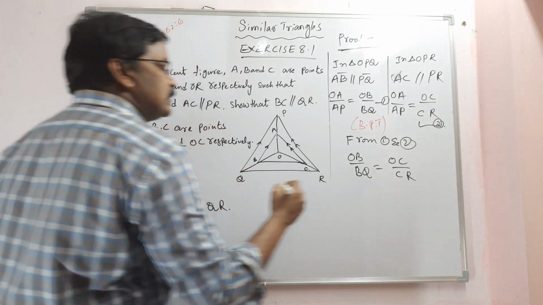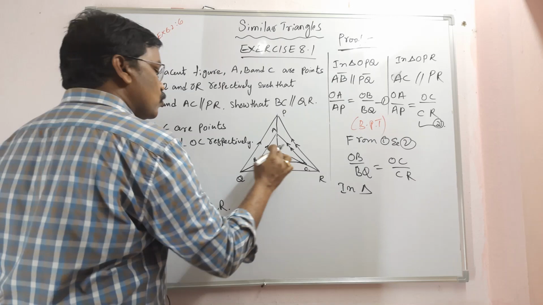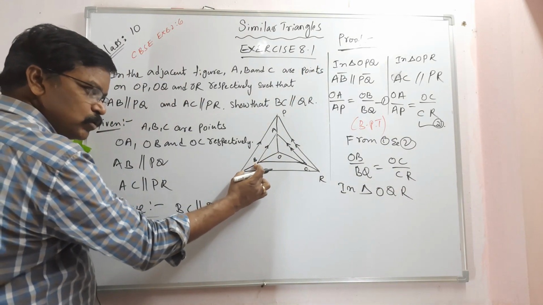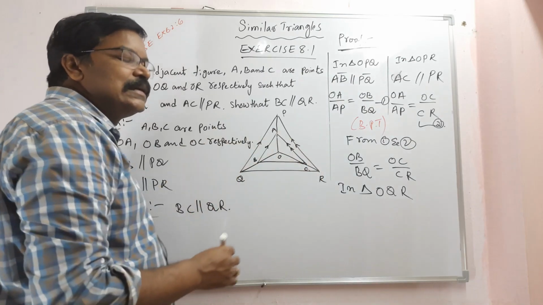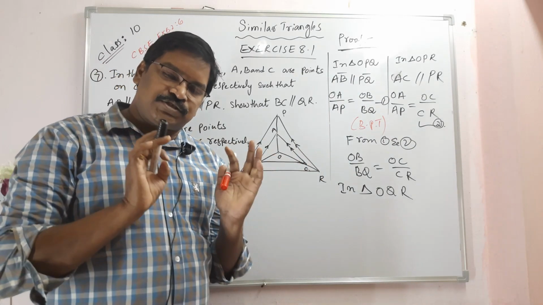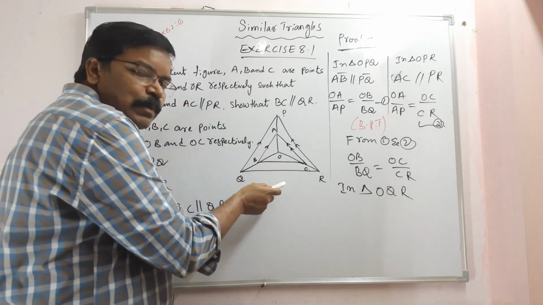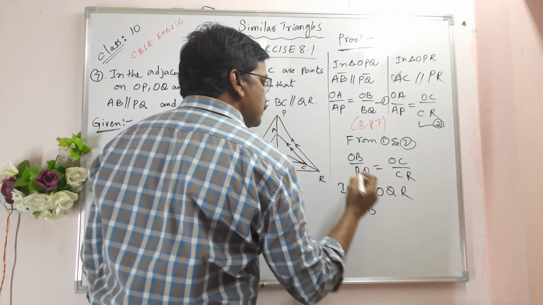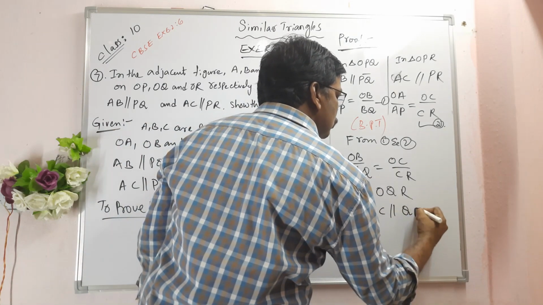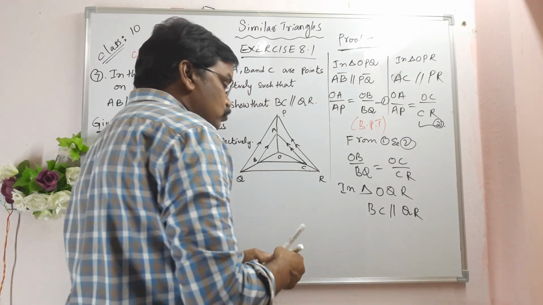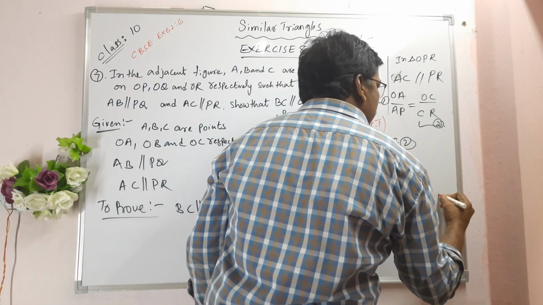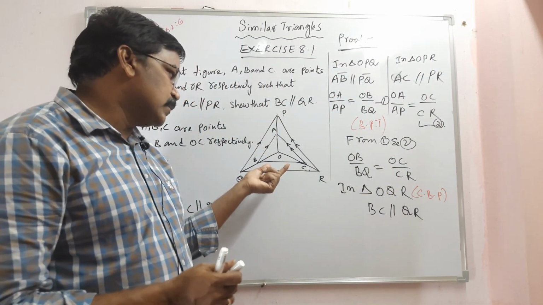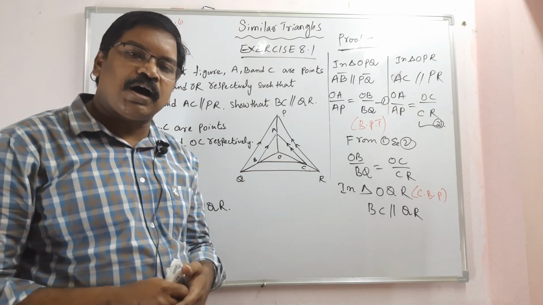Observe here, students, in triangle OQR, OB by BQ is equal to OC by CR means the line divides the other two sides in the same ratio, so this line is parallel to the third side. That means BC is parallel to QR, according to the converse of the basic proportionality theorem.